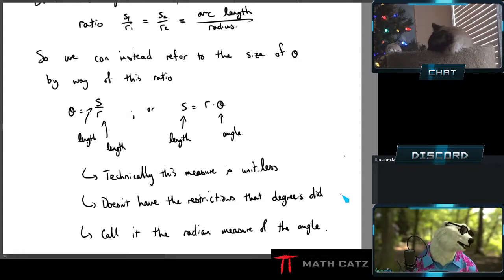The degree measure of an angle, talking about an angle in degrees, great. If I'm just talking, no problem. And I grew up with it. I have a good picture in my mind for how big a 45-degree angle is, a 30-degree angle, a 60-degree angle, a 90-degree angle. Those feel natural to me because I grew up with them.